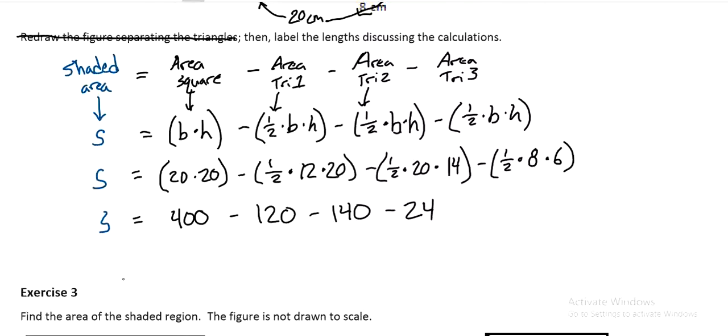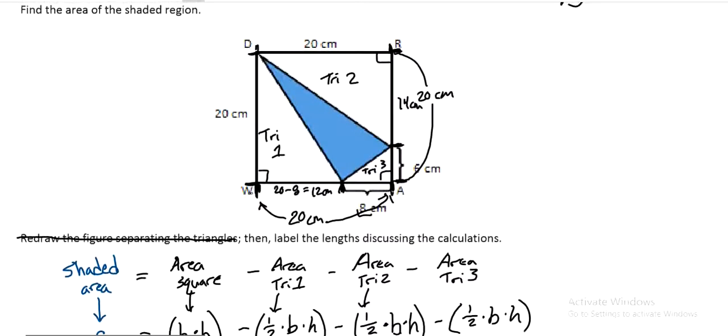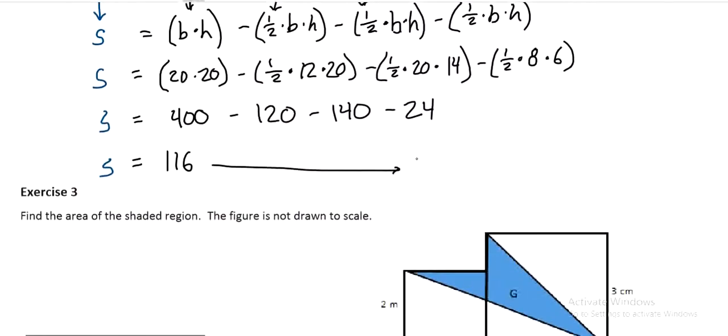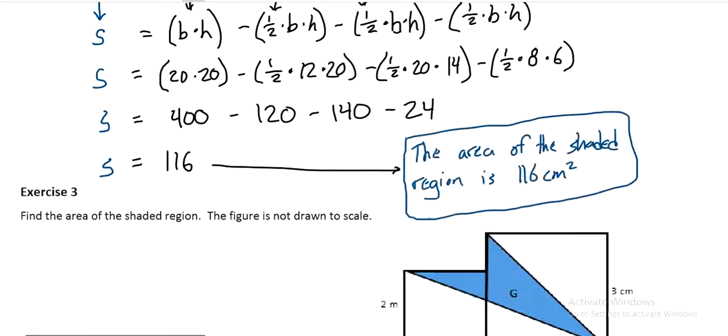Last thing we had to do, S for shaded region, the shaded region's area equals, so we just got to do our subtraction, 400 minus 120 minus 140 minus 24. And that gives us 116. So what does this mean? It means that the shaded region, this shaded triangle, is 116 centimeters squared.